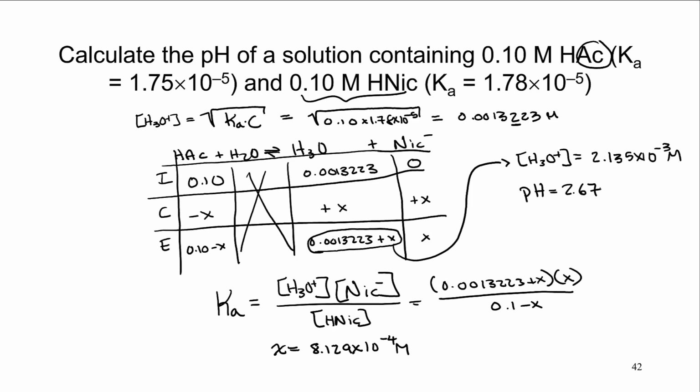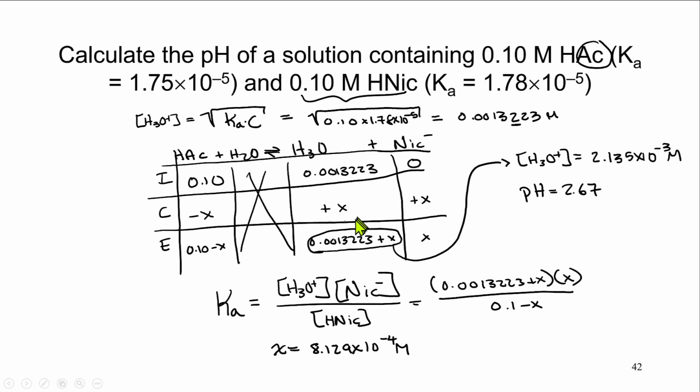Now, let's go back and review some of the things that we did in this problem, and I'll talk a little bit about why this is a hazardous way to do these problems. We assumed the stronger acid ionized first, and that's a fair assumption to make. And we did the x is small approximation and got the first value for hydronium, and we plugged it in here.